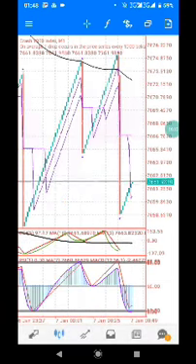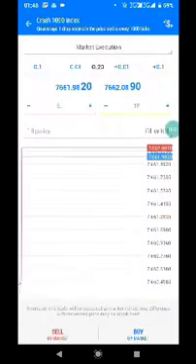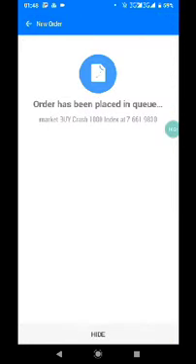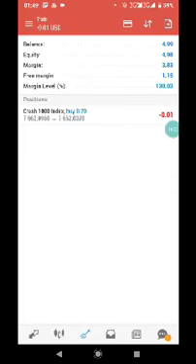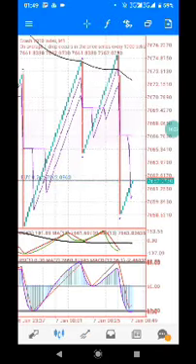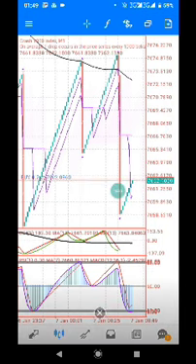Okay, so let's go and take our trade. Okay, the candle has started, so we enter a buy. Remember, I said at the close of the candle that touches the first Ichimoku. So we entered a bit late, but it's okay. Let's go on.